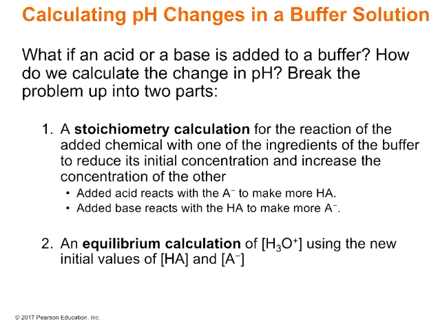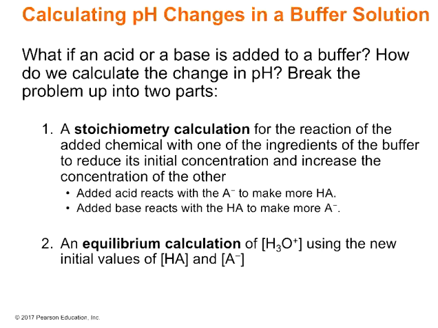So we're going to break up the problem into two parts. First, we're going to perform a stoichiometry calculation. So what we're going to do is calculate the new concentrations of acid or base depending on what we're adding.